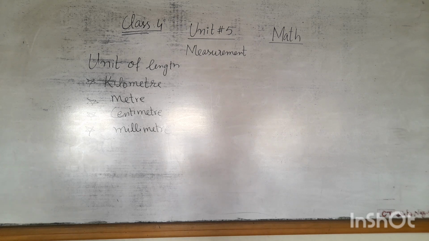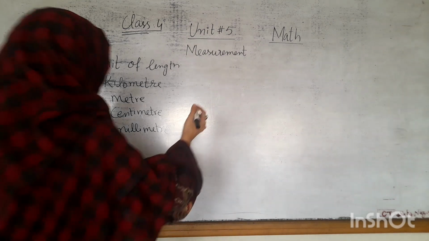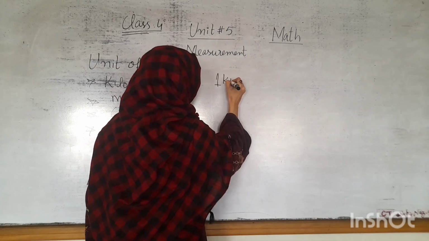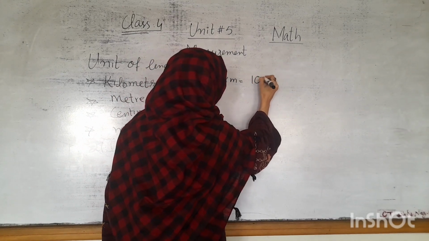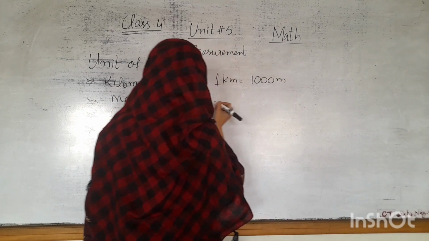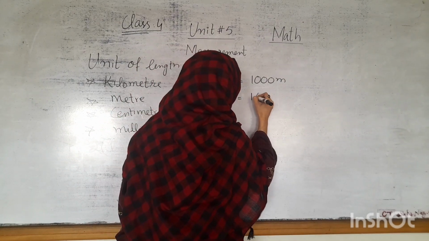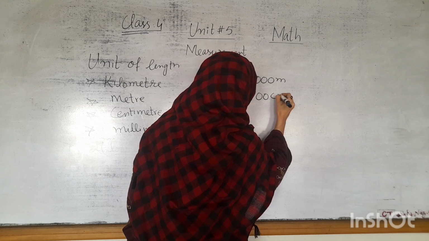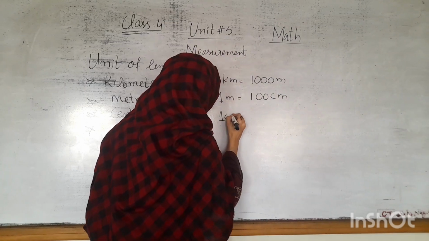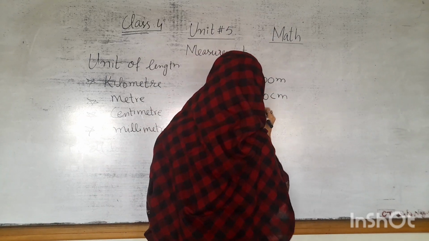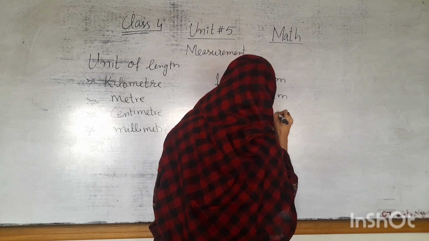For example, if we convert kilometer into meter, 1 kilometer is equal to 1000 meter, 1 meter is equal to 100 centimeter and 1 centimeter is equal to 10 millimeter.